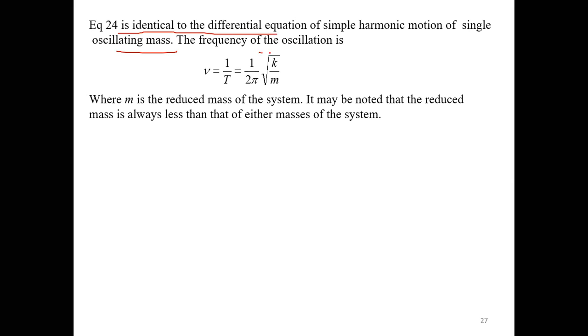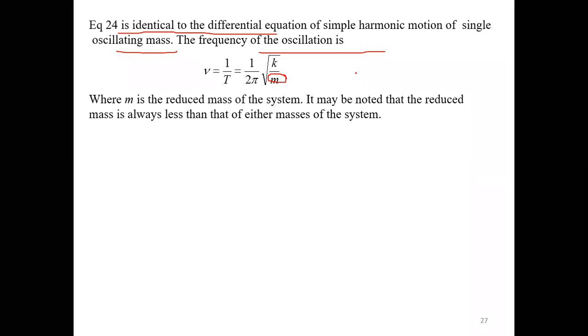The frequency of the oscillation nu will be 1 by T, so that will be 1 by twice pi root over k by m.